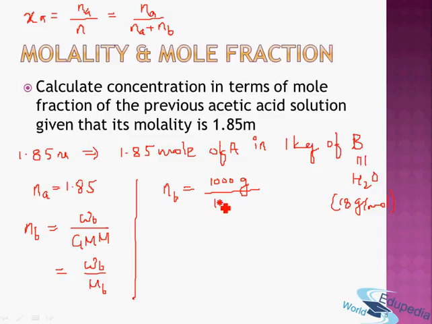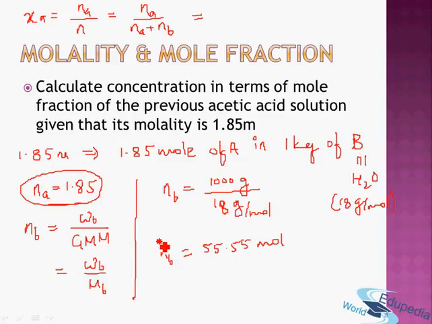So 1000 gram divided by 18 gram per mole will actually come out to be around 55.55 mole. This is what we have here: moles of solvent, and I already have moles of solute. So simply I substitute those values here for Na and Nb.